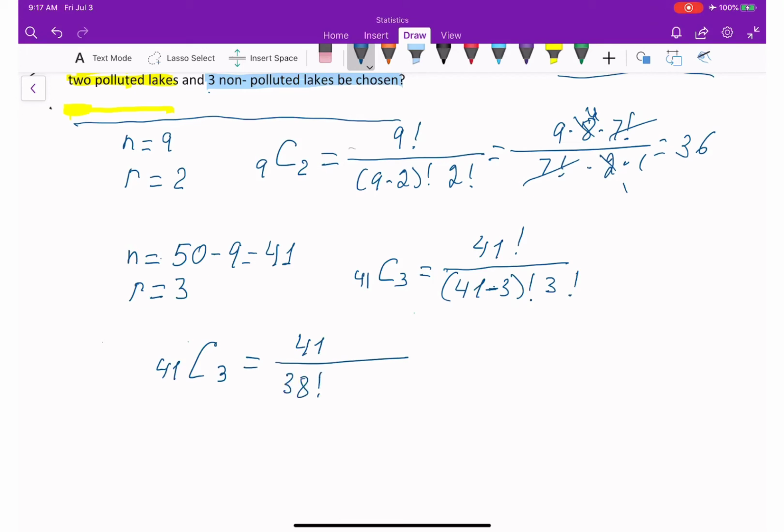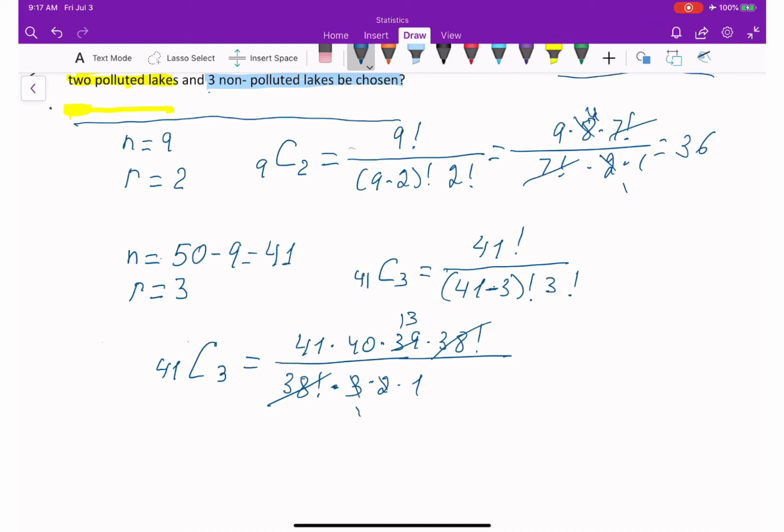So 41, I'm going to open all till 38. 41, 40, 39, 38. And 3 factorial is 3 times 2 times 1. So 38 is gone. 3 I can cancel with 39. It will be 13.